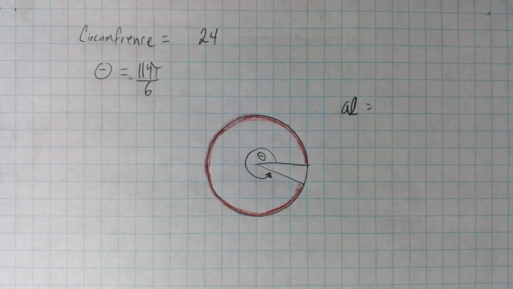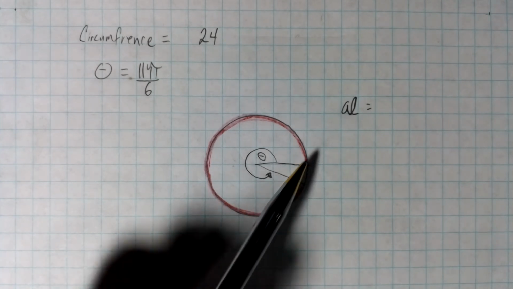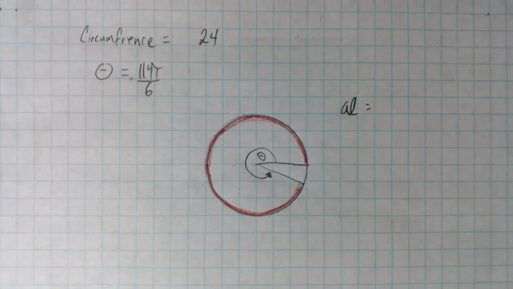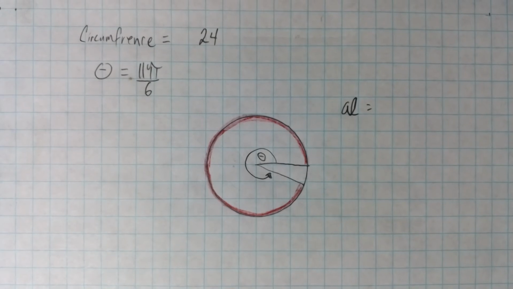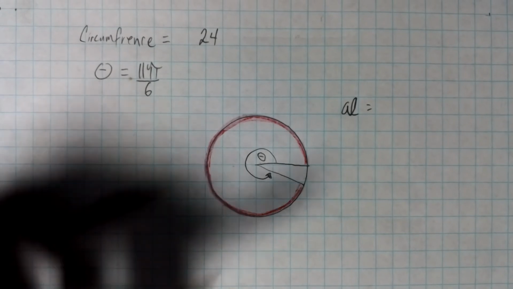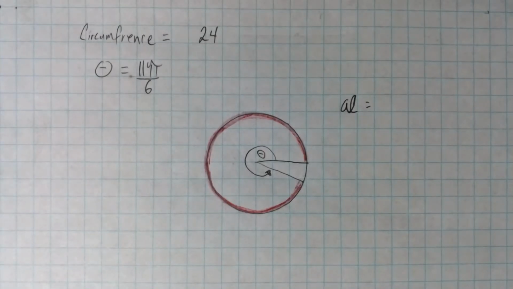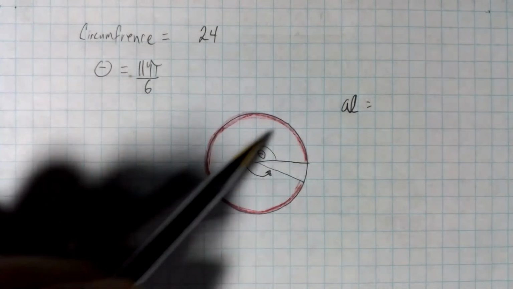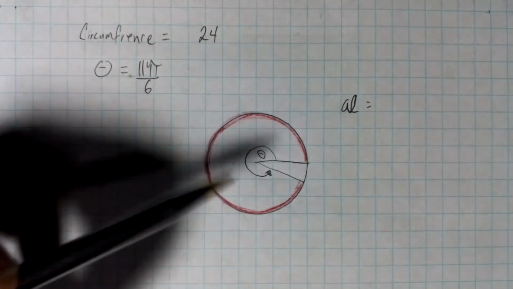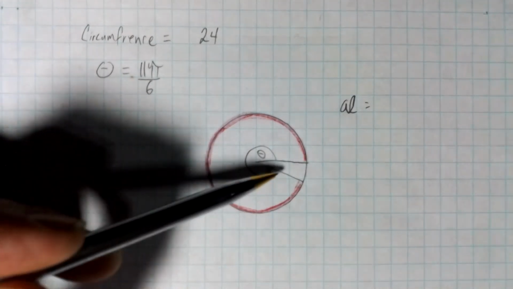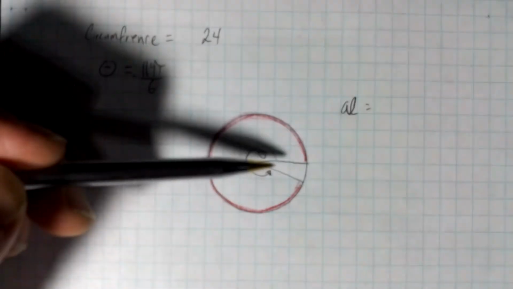The intuitive part here is noticing that that distance around is going to be a total of 11 twelfths of the whole distance. That comes from the fact that this whole circle can be broken up into 12 sections of these.